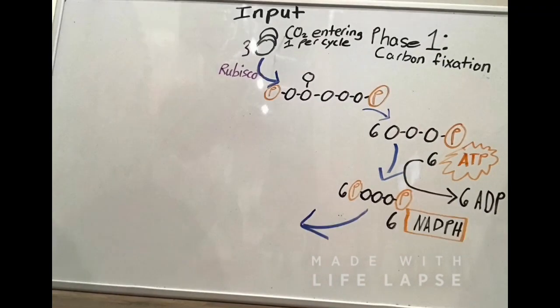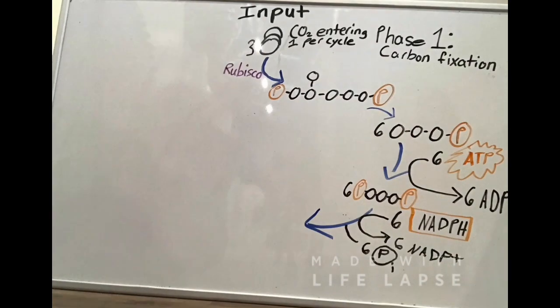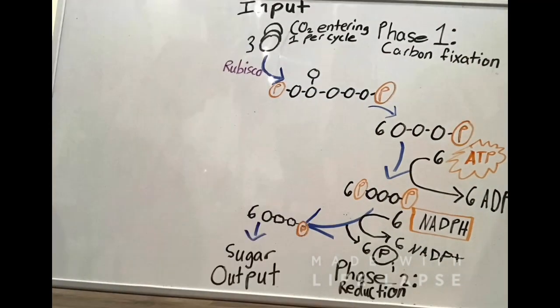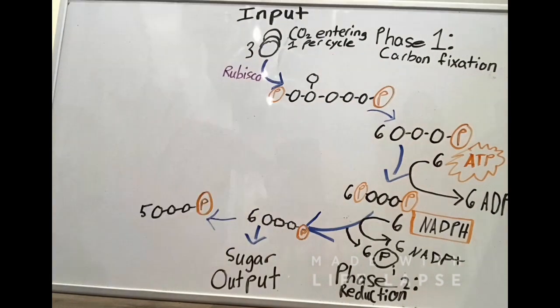In phase 2 of the Calvin cycle, reduction, each molecule of 3-phosphoglycerate receives an additional phosphate group from ATP, becoming 1,3-bisphosphoglycerate.